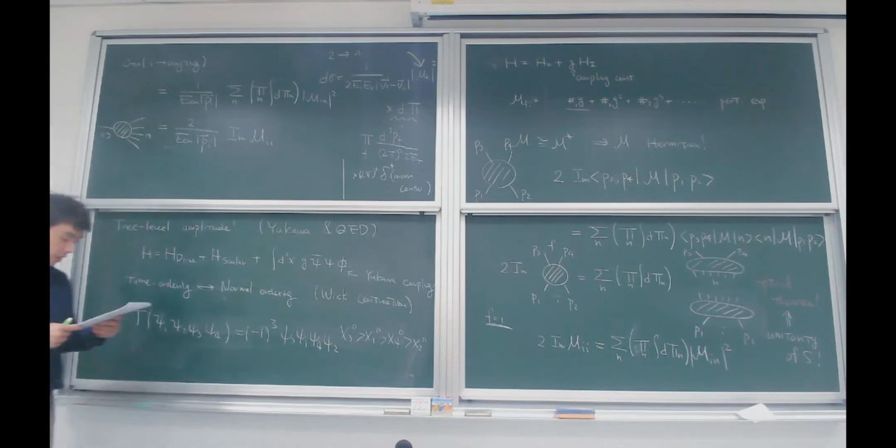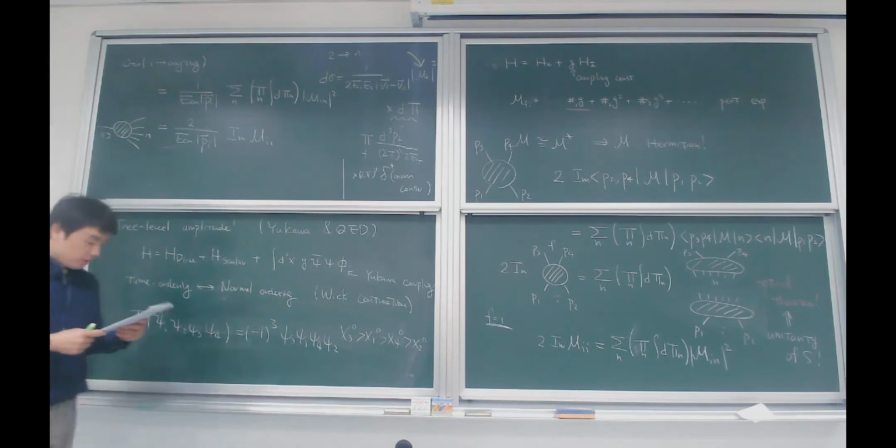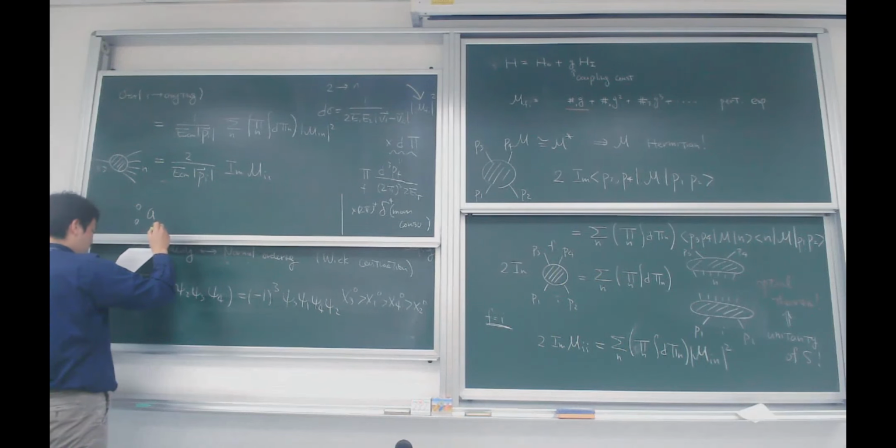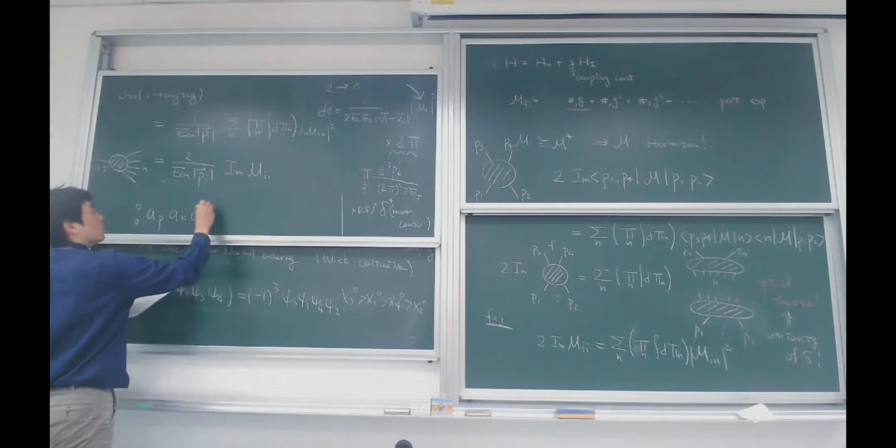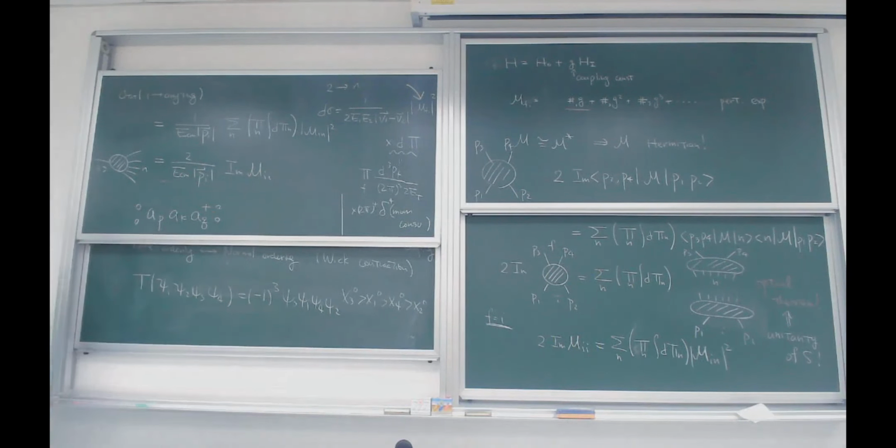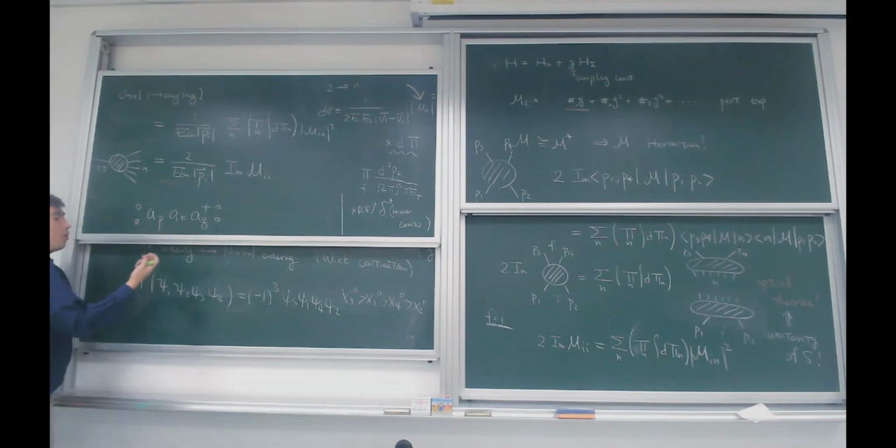Likewise, we need to be careful about the normal ordering. For the fermion creation and annihilation operators, normal ordering means the creation operators are always to the left and annihilation operators to the right.